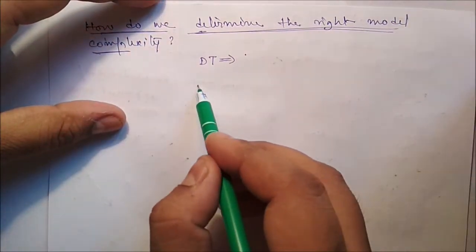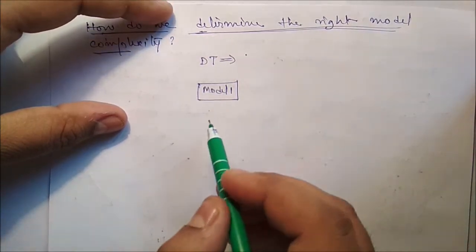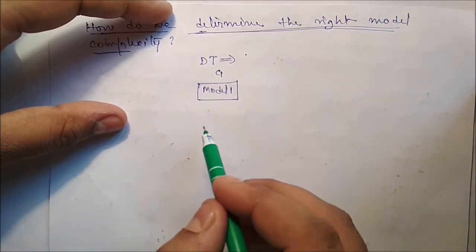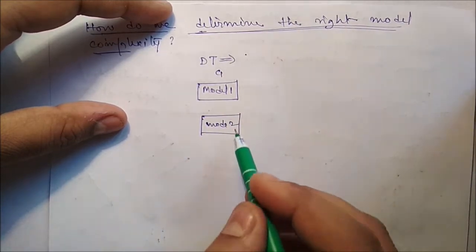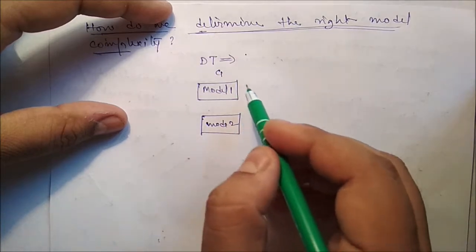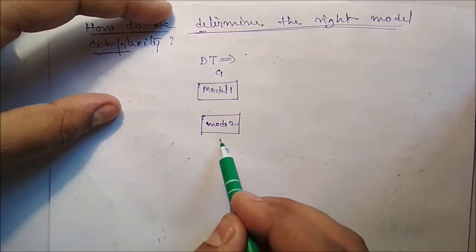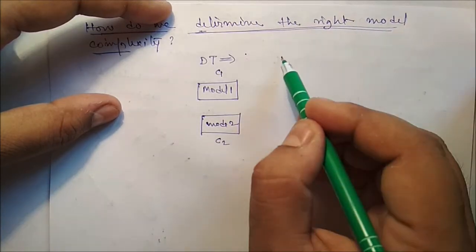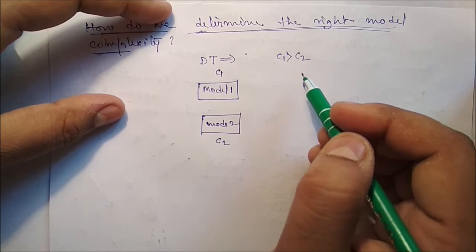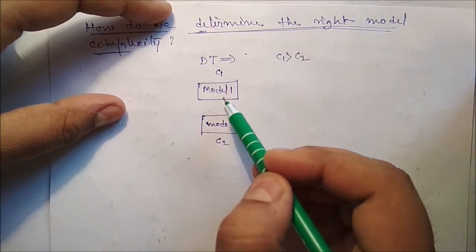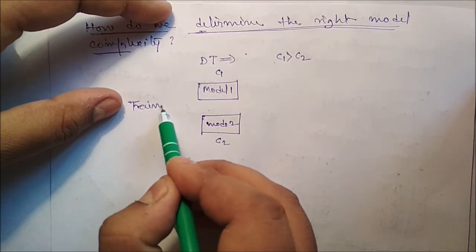So we have model 1 with complexity C1, and model 2, same concept, say both are decision trees, with complexity C2, and assume that complexity C1 is greater than complexity C2. So model 1 is much more complex than model 2.